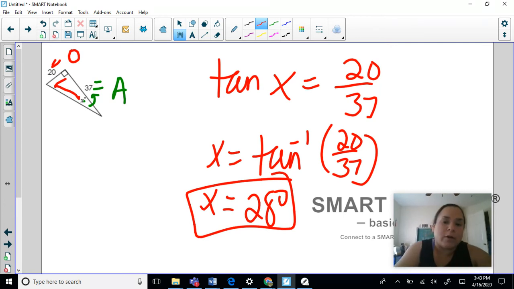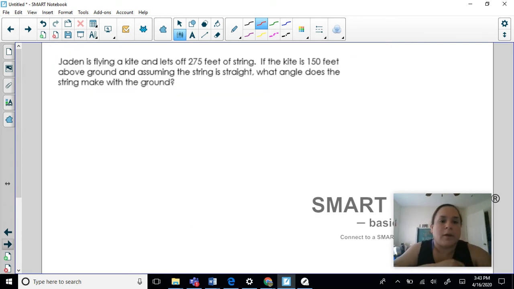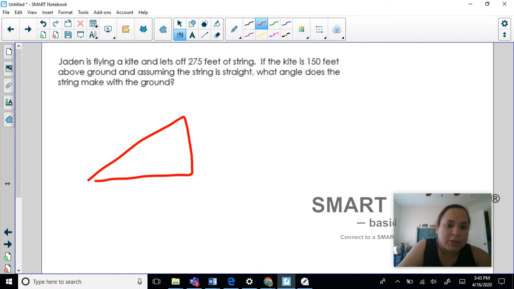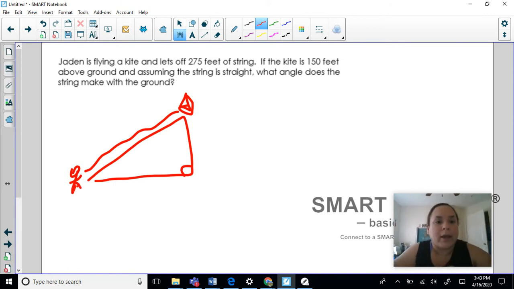All right, let's try a word problem. Here we are told that Jaden is flying a kite. Okay, so we're going to have a right triangle. I'm going to say the kite is here. Here is its string. Here's Jaden. Jaden is flying a kite and lets off 275 feet of string.